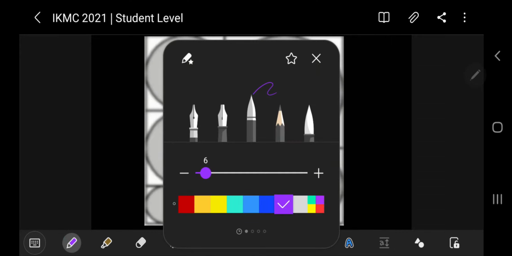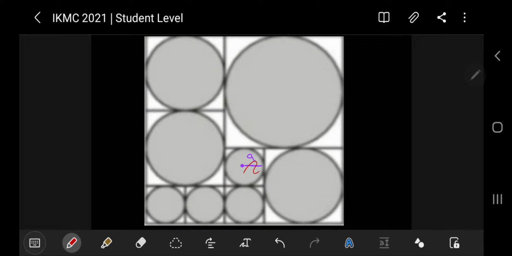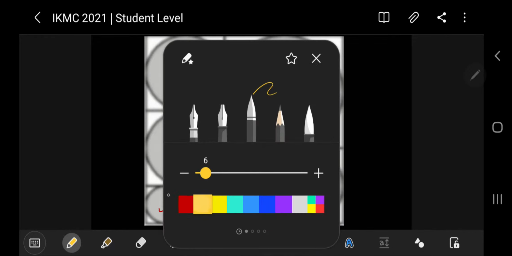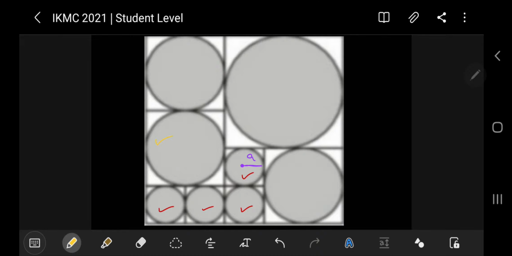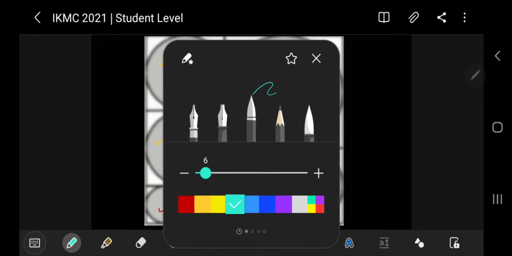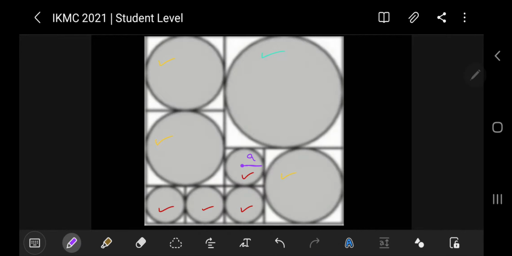Another thing to note is that these four circles are identical, and these three circles are also identical, and this large one here. So there are a total of 8 circles. So if this is a, this is also a, and similarly this is also a and this is also a.